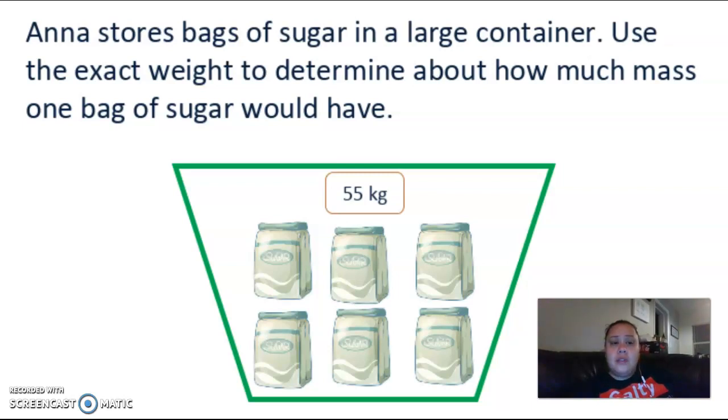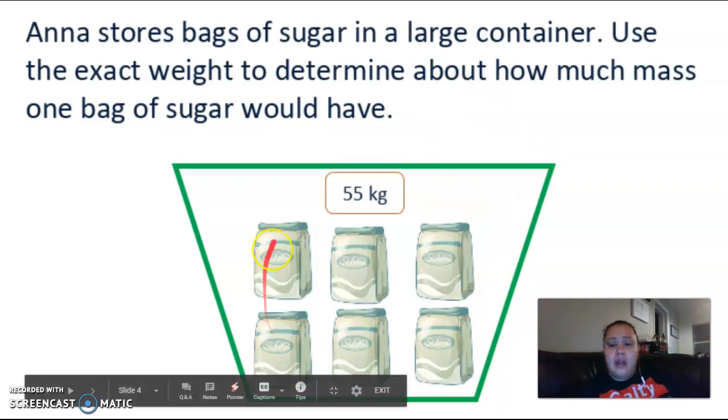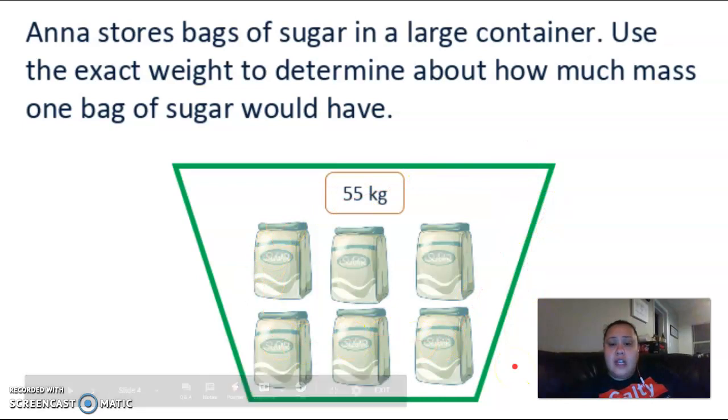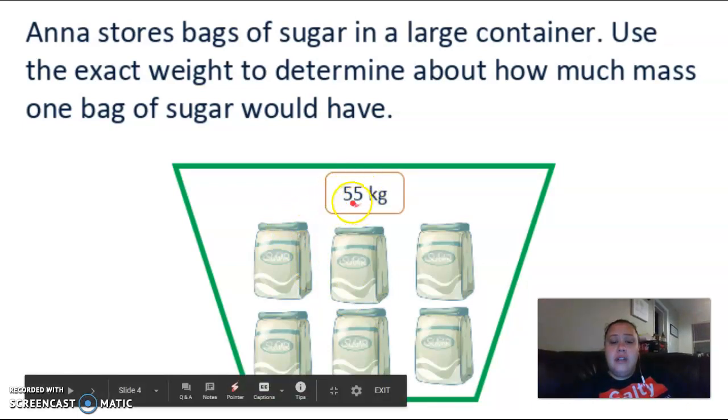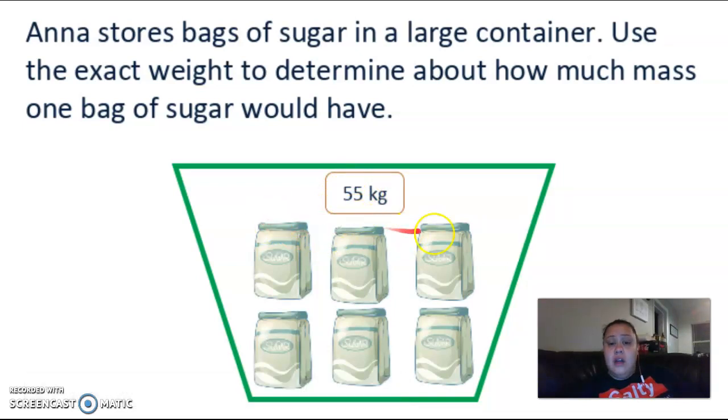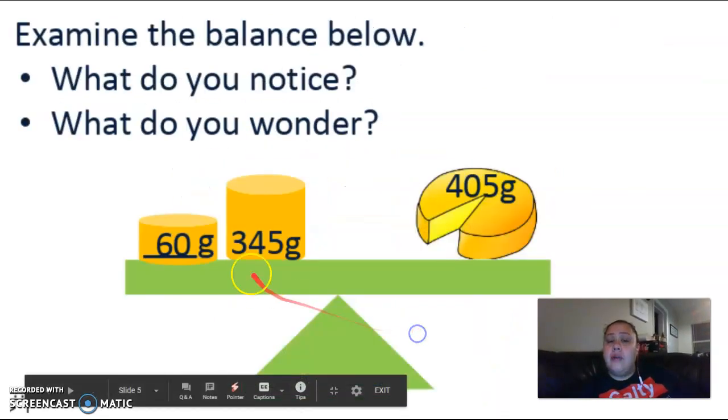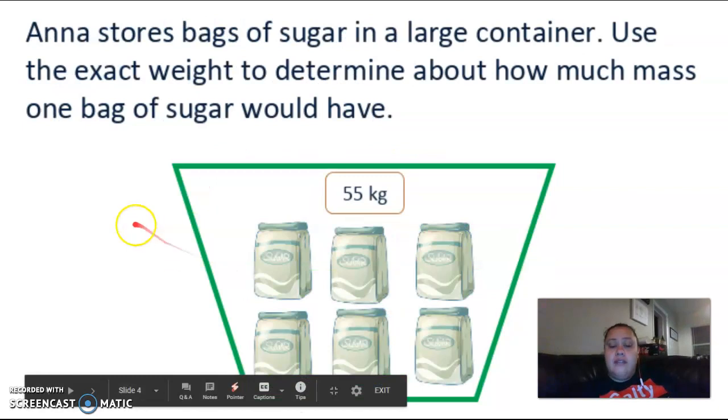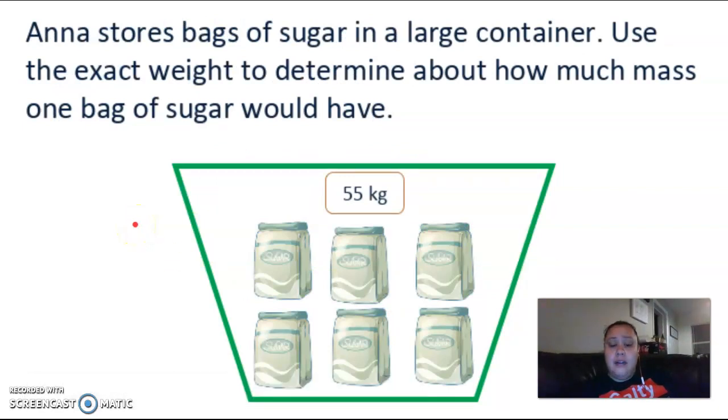So here, Anna stores bags of sugar in a large container. The green box is the container, and it says use the exact weight to determine about how much mass one bag of sugar would have. So what this number is showing us is 55 kilograms for the whole container.